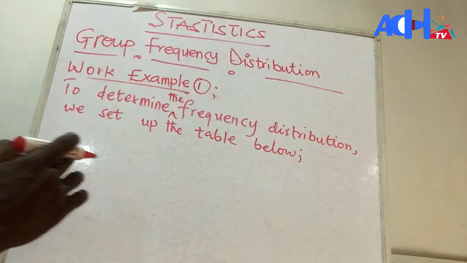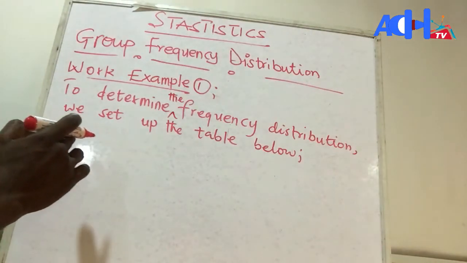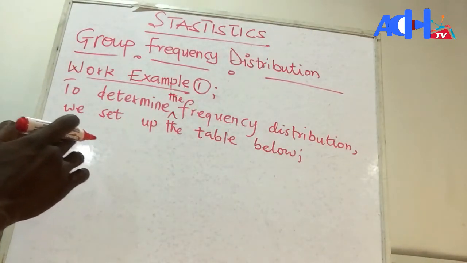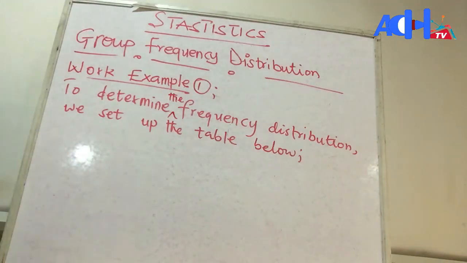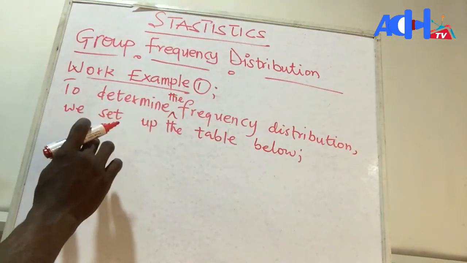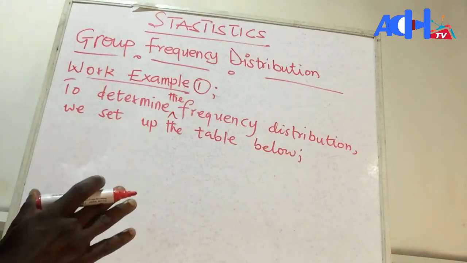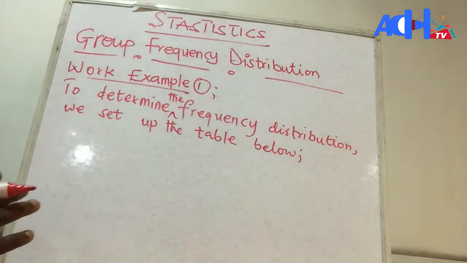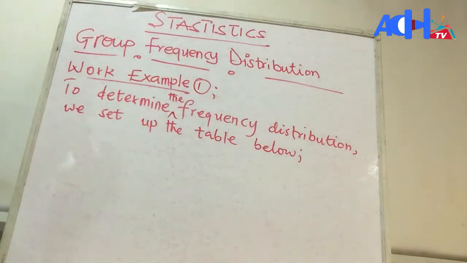So the question speaks about the number of overtime hours per week worked by employees at a factory. And now we know that we are going to arrange our classes in six, and the class interval is going to be 10.